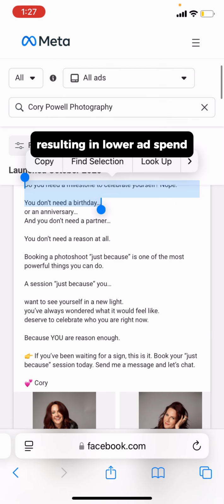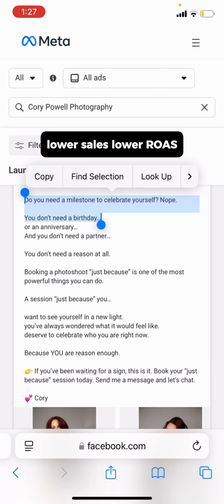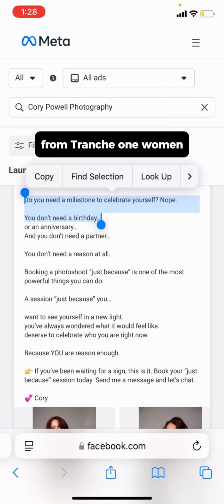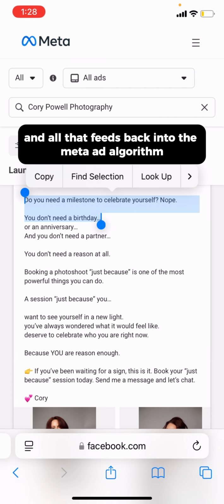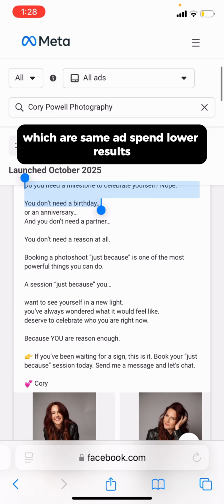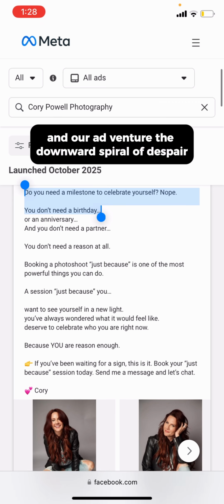resulting in lower results, lower revenue, lower sales, lower ROAS from tranche 1 women, and all that feeds back into the meta ad algorithm, and our ads go to lower quality meta profiles over time, which is same ad spend, lower results, and our ads have entered the downward spiral of despair.